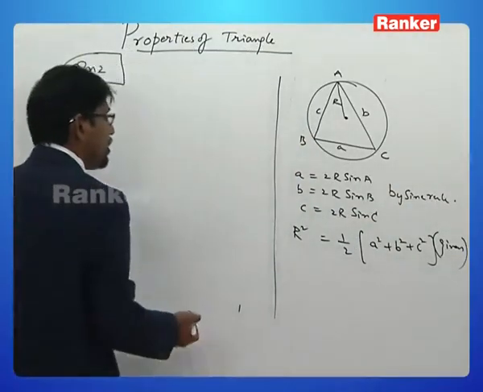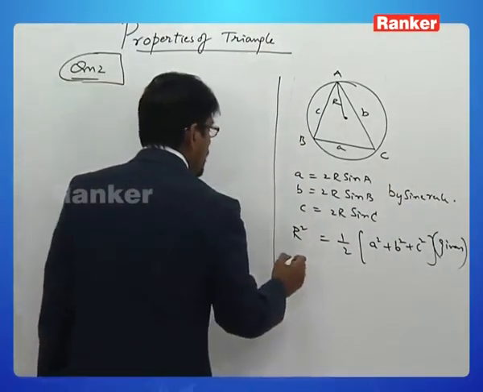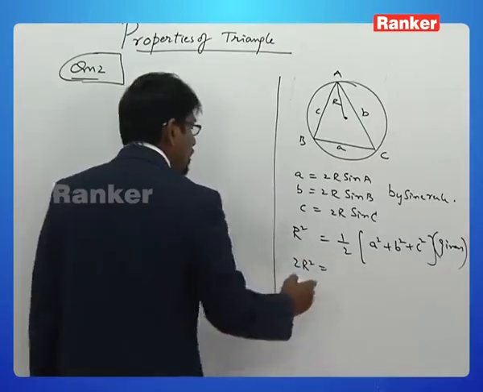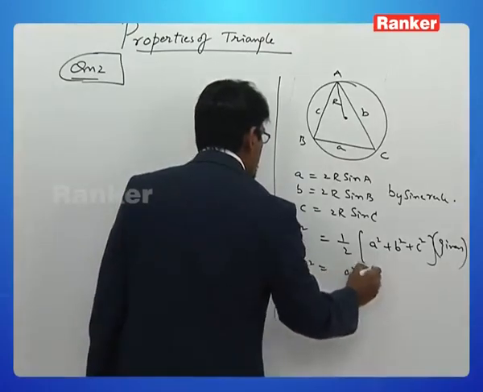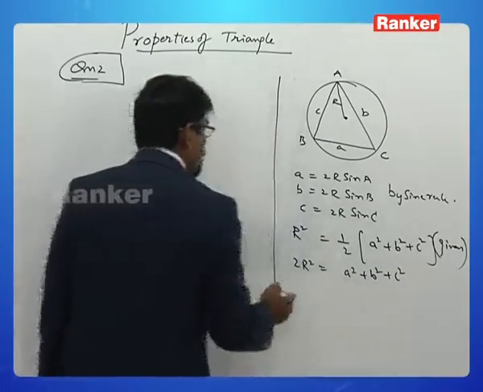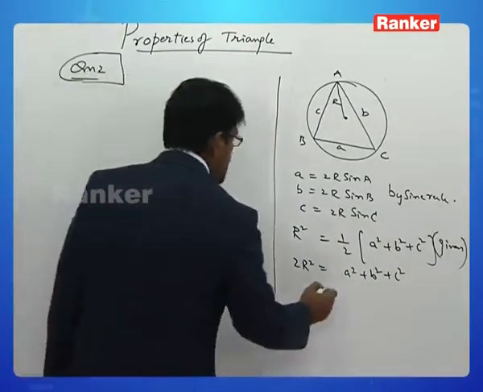Therefore we have 2R square is equal to half of a square plus b square plus c square. But what is a square plus b square plus c square?